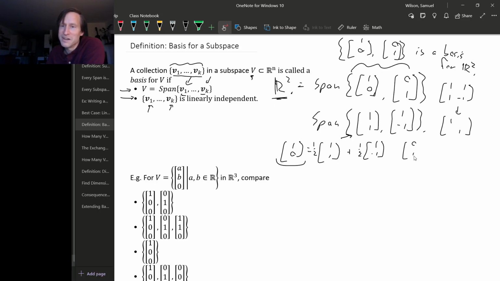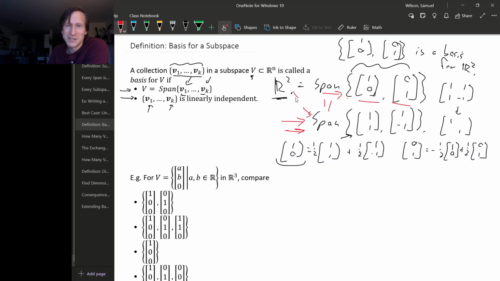Also, (0, 1) is in the span of these two vectors because it's -1/2 (1, -1)... actually 1/2 (1, 1) minus 1/2 (1, -1). So (0, 1) and (1, 0) are both in this second span, but that means every linear combination of (1, 0) and (0, 1) is also in this span. But (1, 1) and (1, -1) are in the span of (1, 0) and (0, 1). So these two spans are equal. So in particular, the second one is also equal to R2.